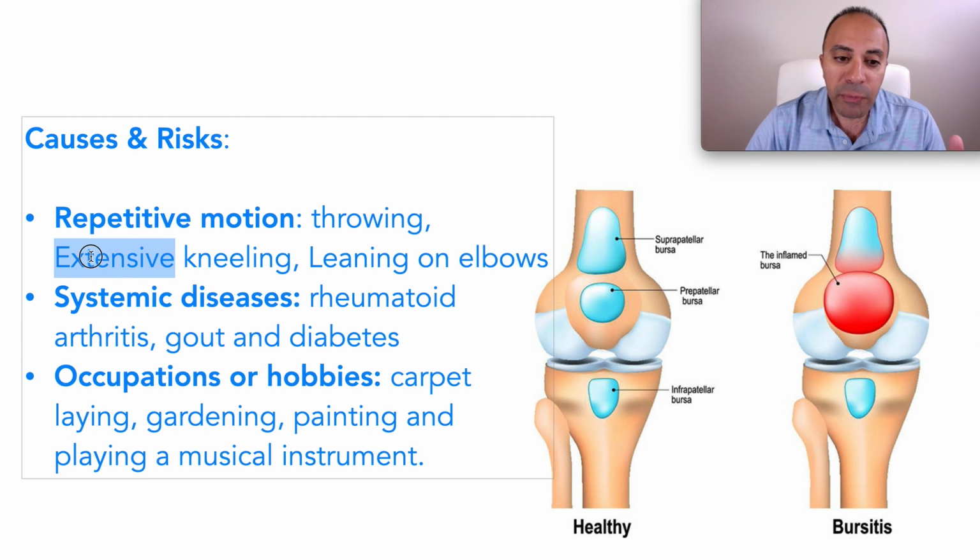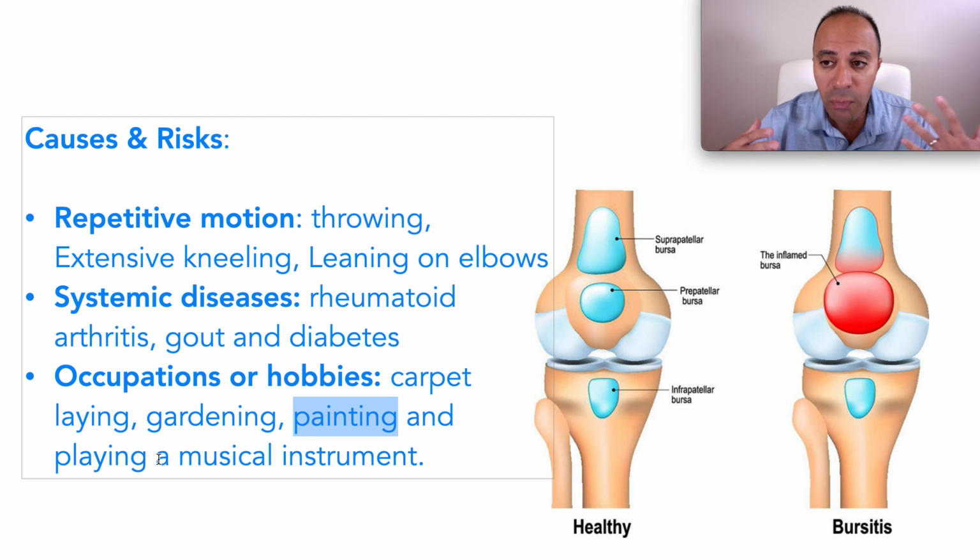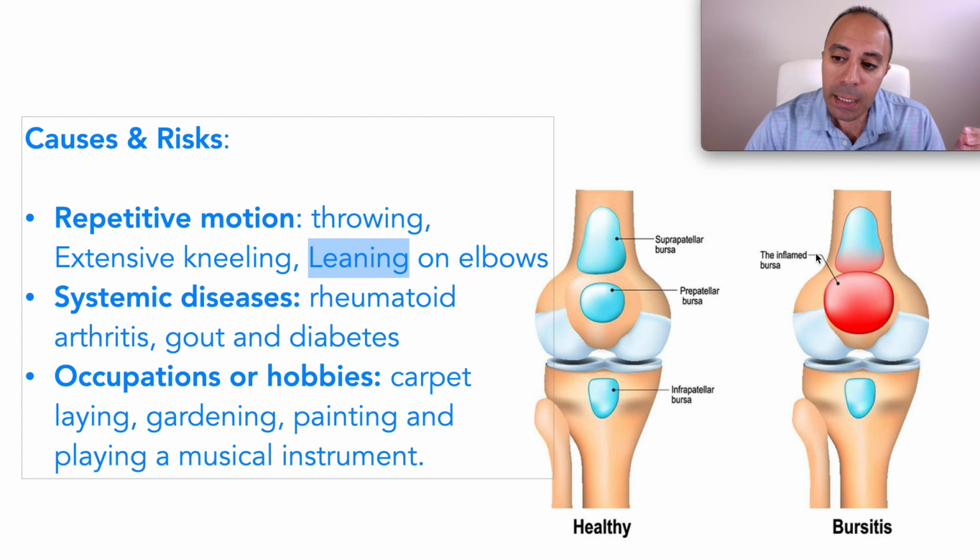It also could happen from excessive kneeling, and that's usually a risk factor for several occupations, like carpenters, or someone lying on the floor doing plumbing, gardening, painting, or playing an instrument for a very long time. It's overtraining without taking enough breaks, and they might have bad mechanics. It's kind of like constant rubbing on the bursa tissue that will make it swell up.